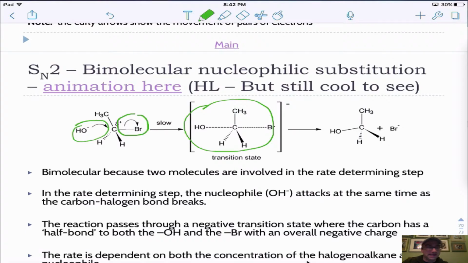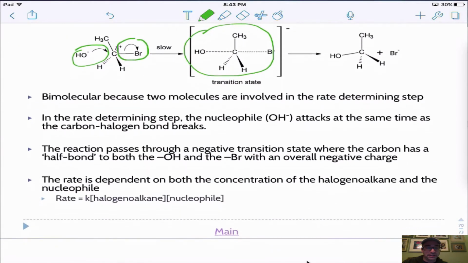So in this case, SN2 stands for nucleophilic substitution, bimolecular, meaning both the OH and the Br are attached to that carbon at the same time, and you have two molecules or two particles reacting and involved in the slow step of the reaction.